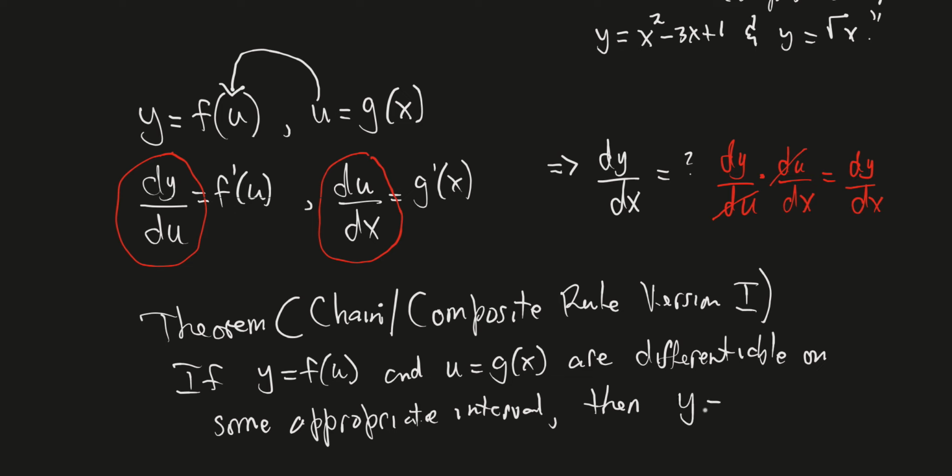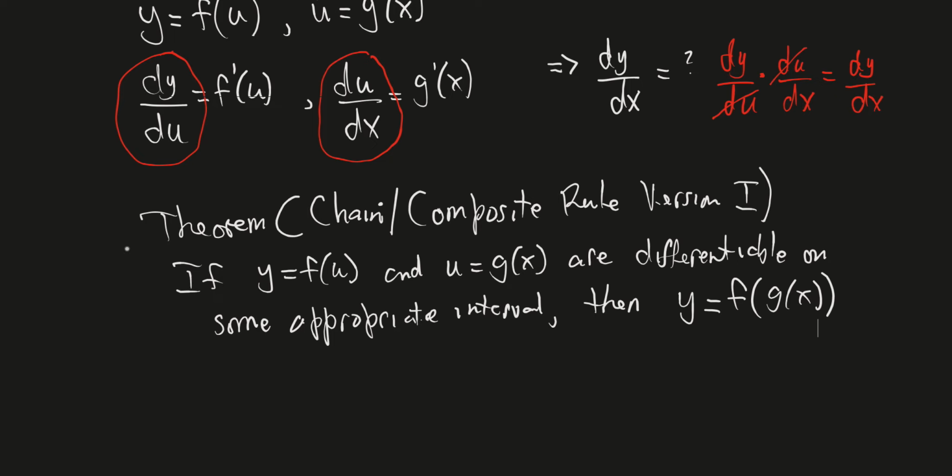Then y equals f of g of x, if I literally take the g equation here and replace u here, is differentiable, again on some appropriate interval, and we have a formula for the derivative.